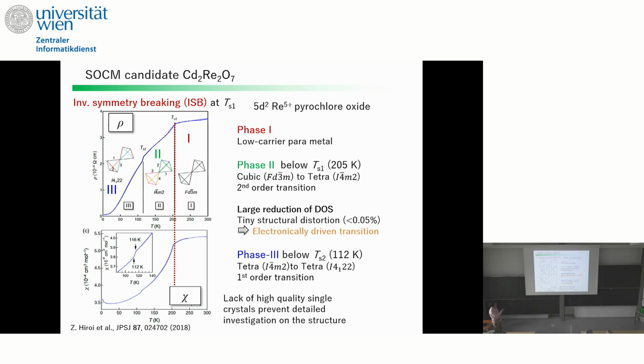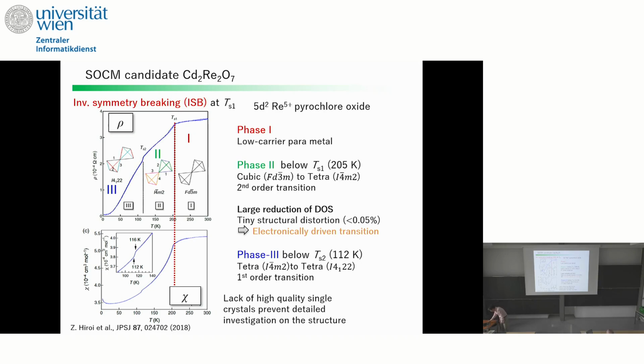At high temperature it has the regular pyrochlore structure, but it shows inversion symmetry breaking at around 200 K. At that point the Pauli paramagnetic susceptibility drastically decreases, which means it shows some electronic structure transition. But the structural distortion is so tiny that nobody knows the exact low temperature structure of this compound.